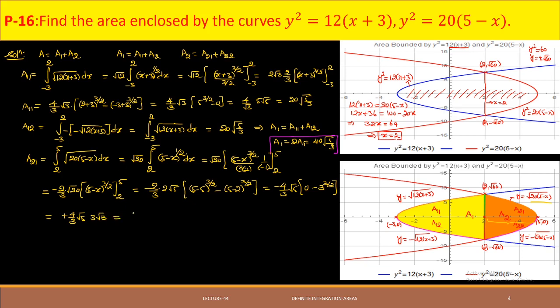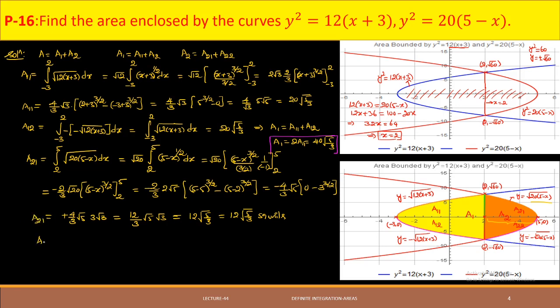So that is equal to 12 by 3 root 5 into root 3, which is equal to 12 into root 5 by 3 square units. So this is my A21 value.